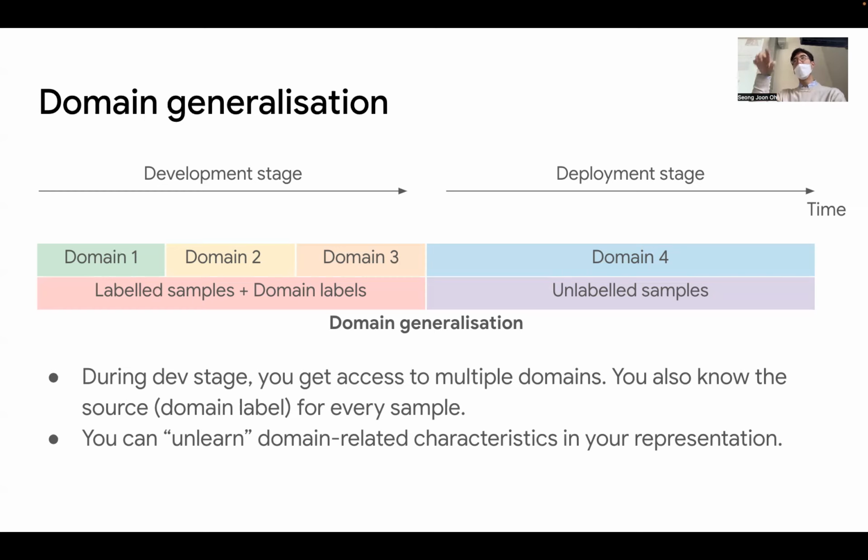They look at the intermediate features from samples from each domain, and for every domain, they try to fit a Gaussian around those features. And then they try to align the means and the covariance matrices for those Gaussians. In that case, you're ignoring the differences among the domains in your training set. And hopefully once you do that, your model is independent of any domain information, and therefore it's probably going to work well in the next domain.